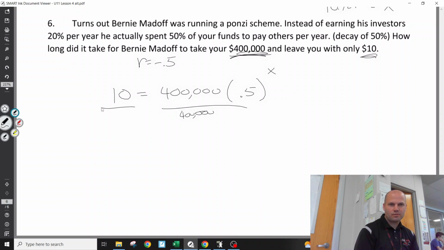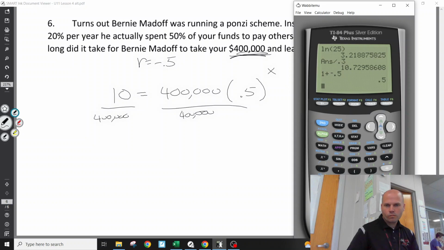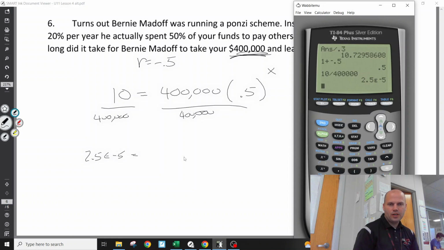Now, this is a good question because you're going to see something with your calculator when you do these calculations. Divide by 400,000. You get this number. I don't know, write it down, but be prepared to use it. We need to get rid of this.